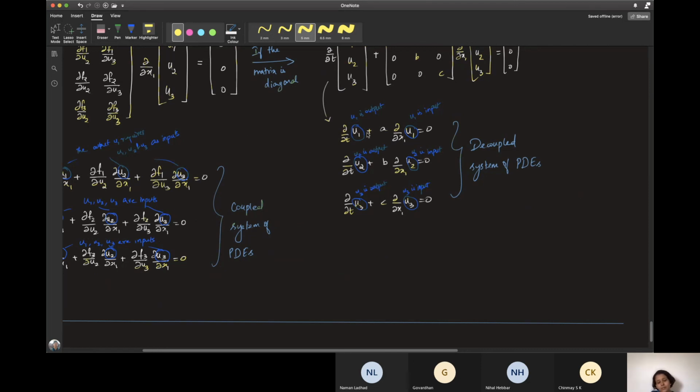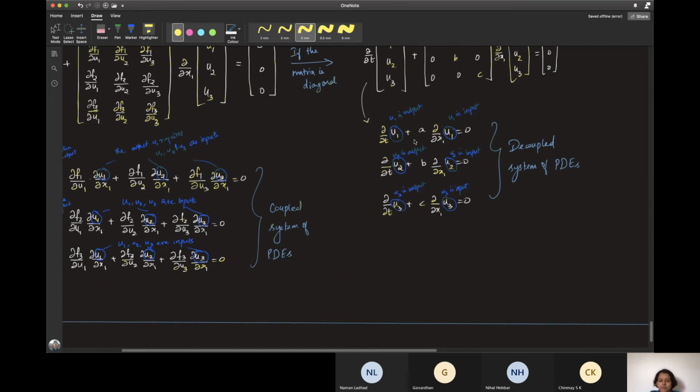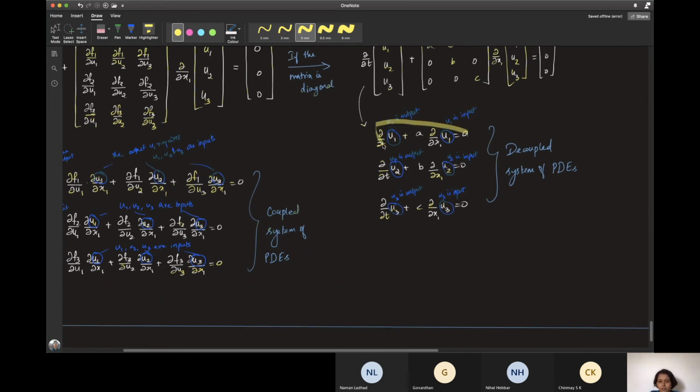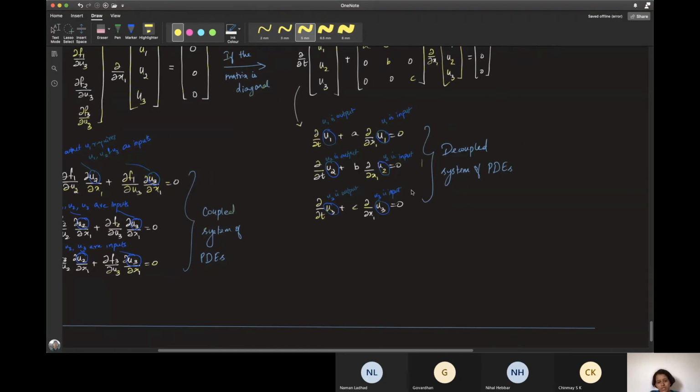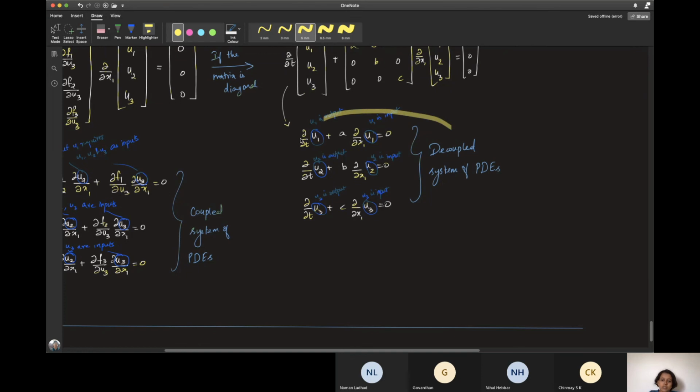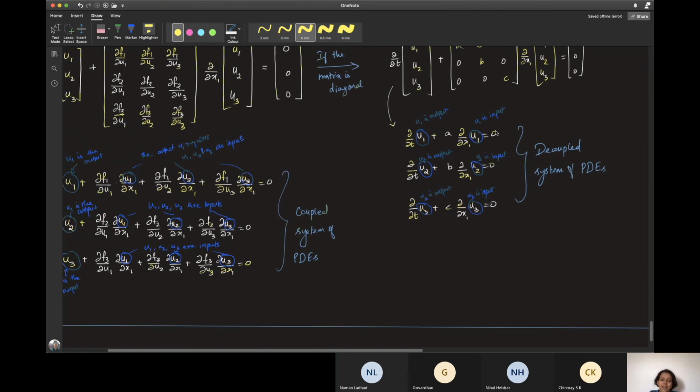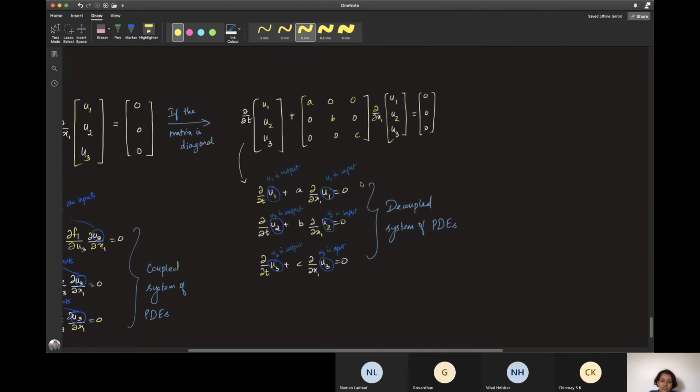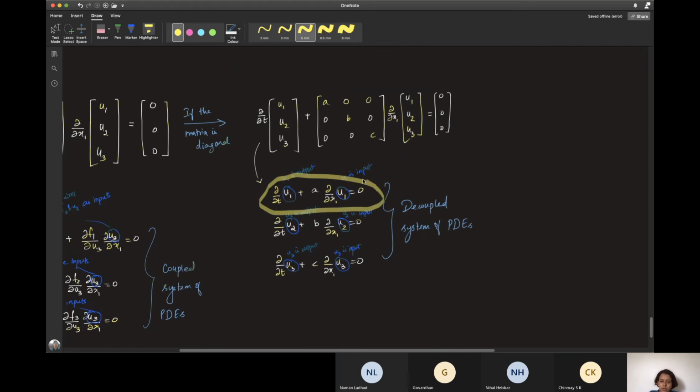So u1 from here doesn't go as input to the second equation or third equation. Each of these is independent. So now this system is decoupled. And we have also seen how to solve such kind of systems, right? Based on the theory developed for scalar conservation laws, we know how to solve each of these systems separately.